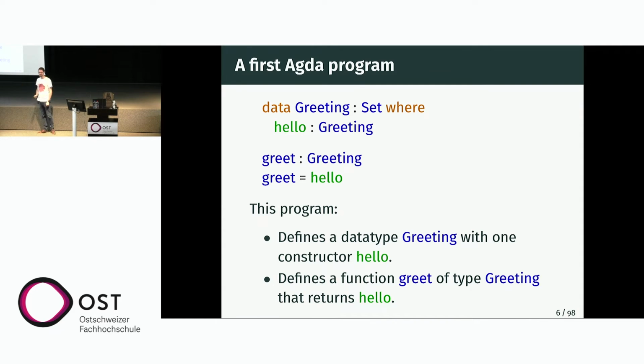And the thing it returns is this constructor hello, right? So I think you can think of the equivalent Haskell program: data greeting equals hello, and then the function greet would be basically the same.